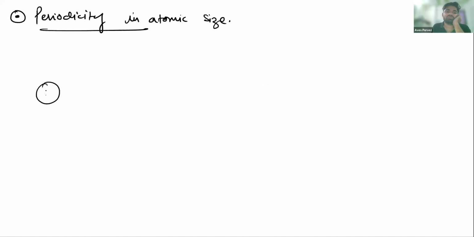Periodicity in atomic size. So if I talk about periodicity, we have this shell, 1s2, and this 2s2, 2s1. This is lithium.